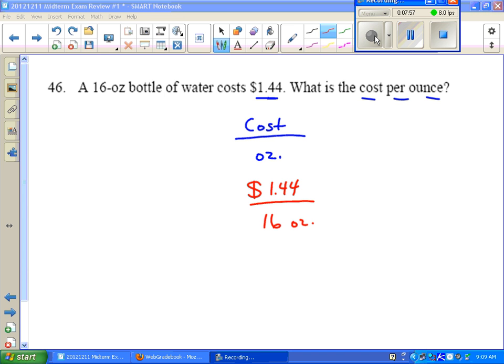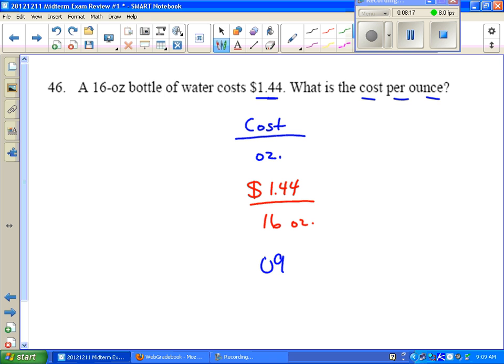Okay, so we have $1.44 divided by 16 ounces, and it'll give us a nice round number, 9. And it's going to be 9 cents. What it winds up being is 9 cents per 1 ounce.